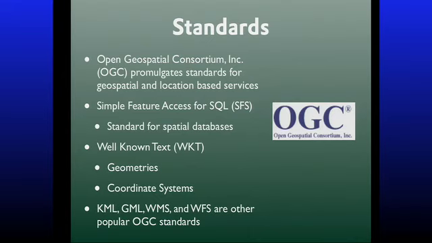In kind of an error of omission, they also named the textual format for coordinate systems well-known text as well. So there are two types of WKT, one for geometries, one for coordinate systems. But whenever I refer to it from here on out, it'll be to the geometry aspect of it. There are also KML, GML, WMS, and WFS, which are other standards, but I won't really be covering those. KML used to be owned by Keyhole, which was acquired by Google, and then Google assigned all that to OGC just this year, in fact. So they're playing nice with the standards committees.